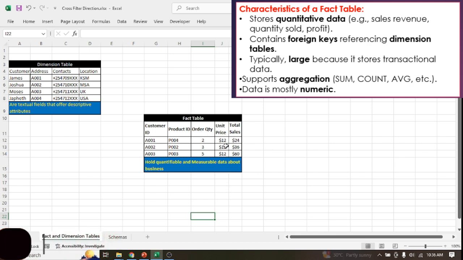So quantity sold is quantitative, total sales is also quantitative, and the price per unit is also quantitative. So fact table also holds foreign keys. So when we talk about foreign keys, which are being referenced by, which are referencing dimension primary keys.